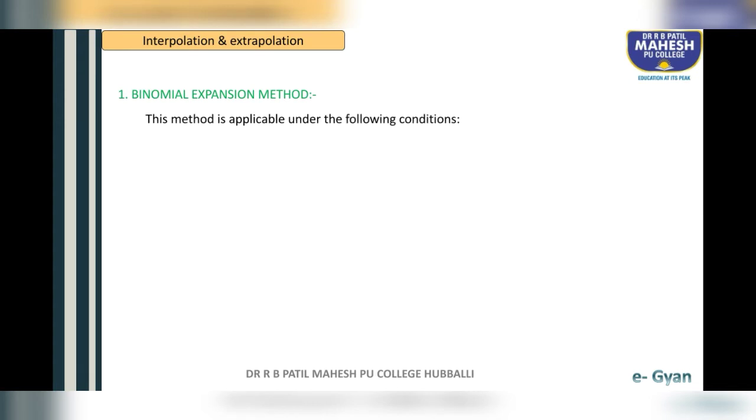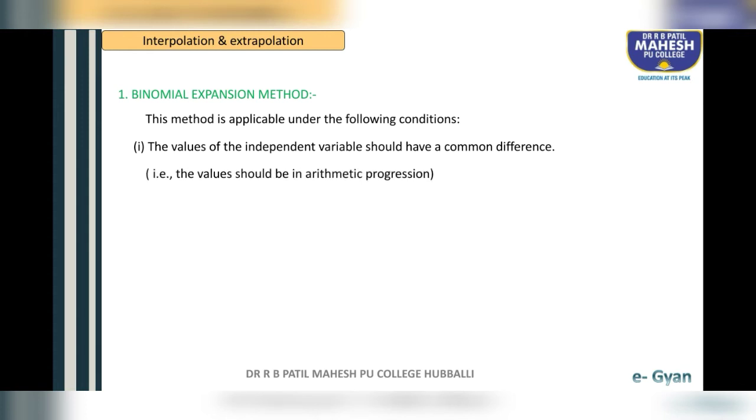See here students, this method is applicable under the following conditions. The first condition is the values of the independent variable should have a common difference. This means the values should be in arithmetic progression.